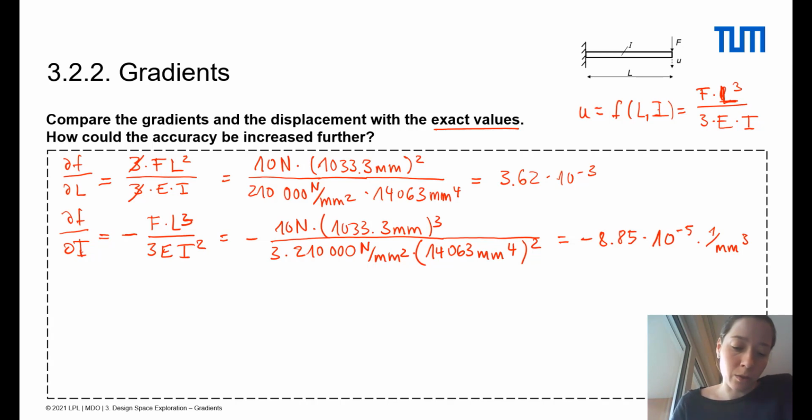Finally, we want to compute the displacement U2, and in this case we don't have to do any interpolation, we just use the formula.